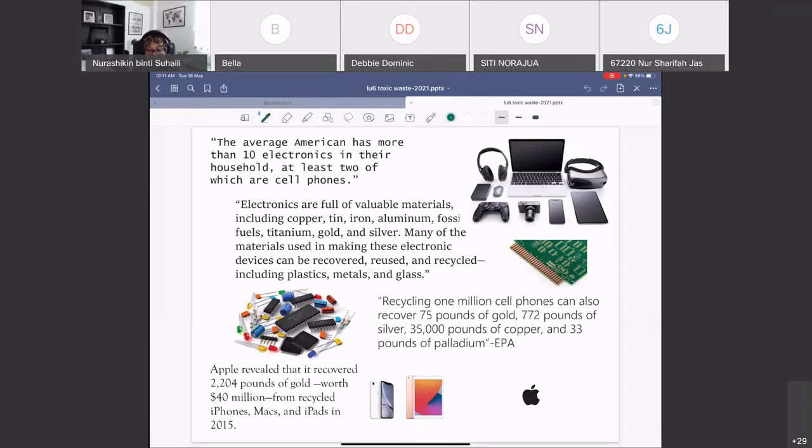But the right way to dispose of or tackle the problem of e-waste, electronic waste, is to recycle them, instead of disposing of the waste in the landfill, because landfill is normally the last option.